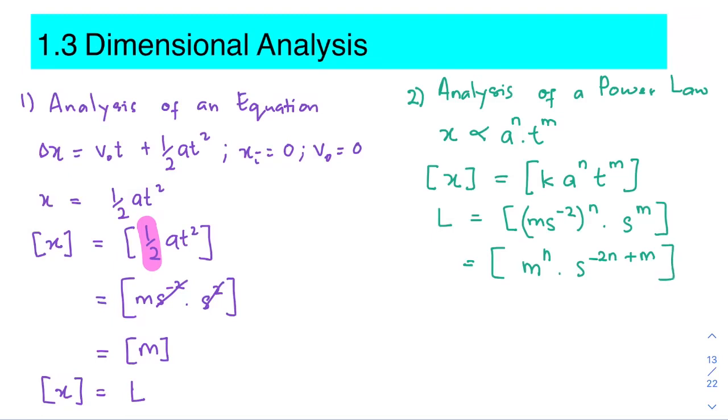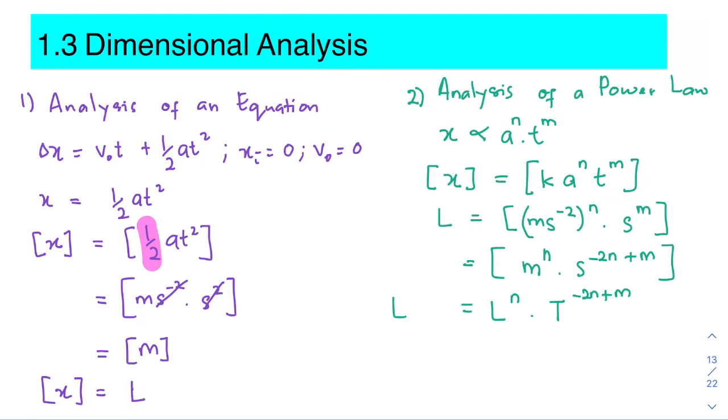So now m is length, so L to the power n, and s is time, T to the power of negative 2n plus m. On this side we have L, but then we don't have T yet.